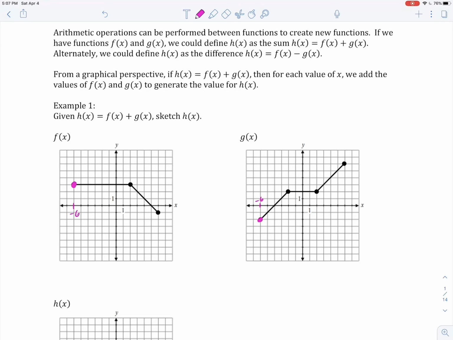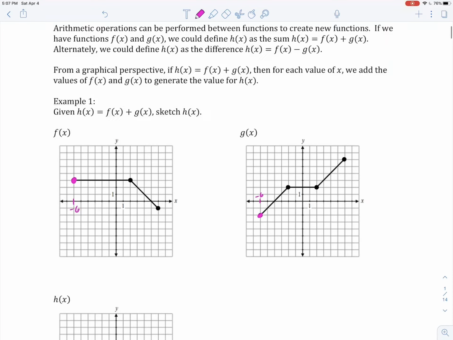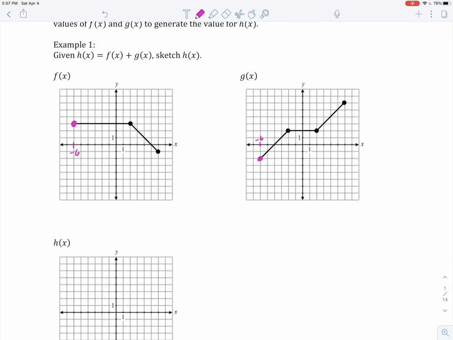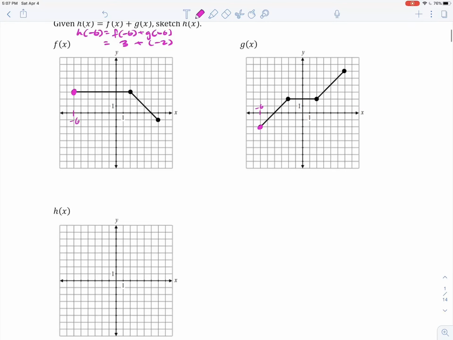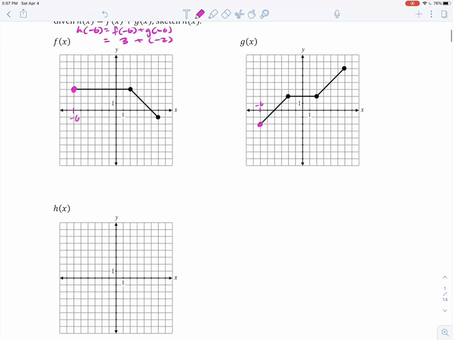So when we look at h of x being f of x plus g of x, we're really saying in this case, well, you could say h of negative 6 is f of negative 6 plus g of negative 6. But that's the same thing as 3 plus negative 2. h of negative 6 is equal to 1.